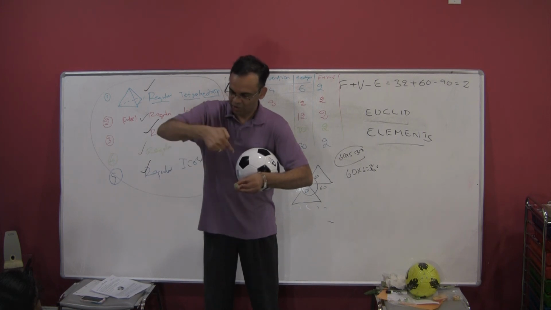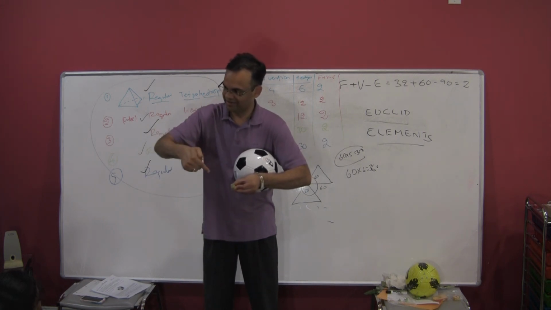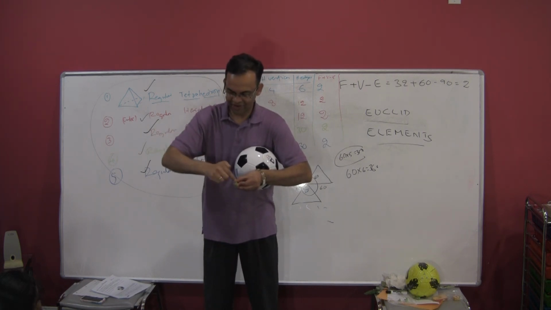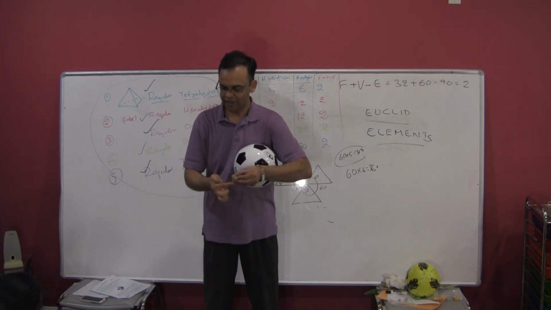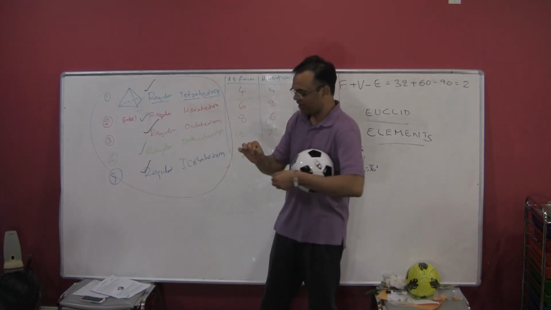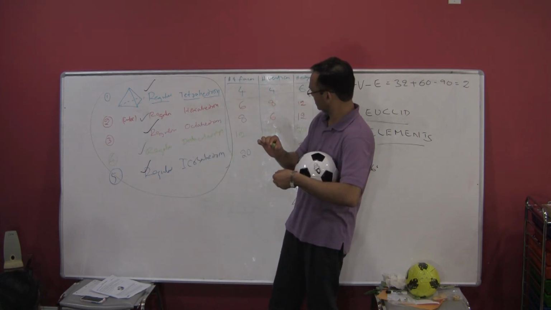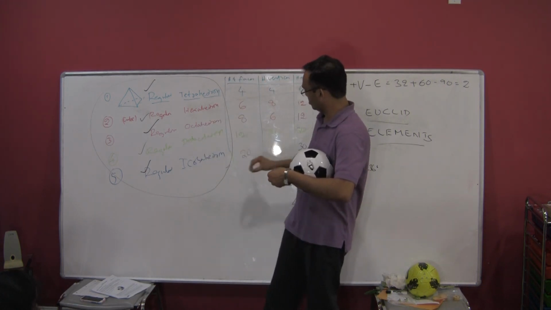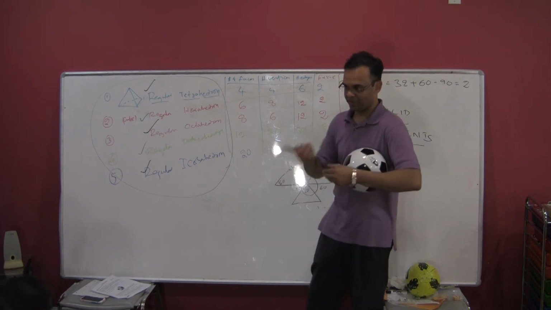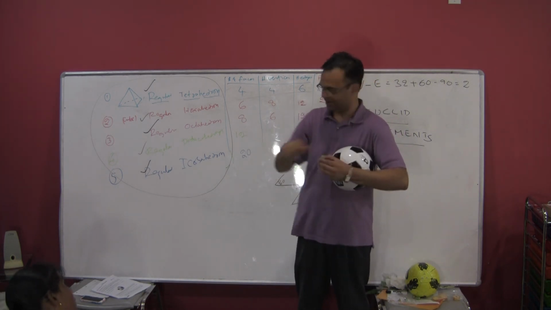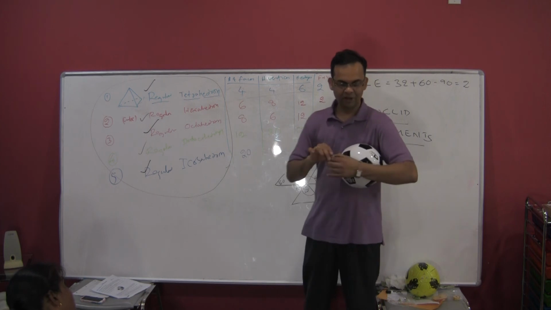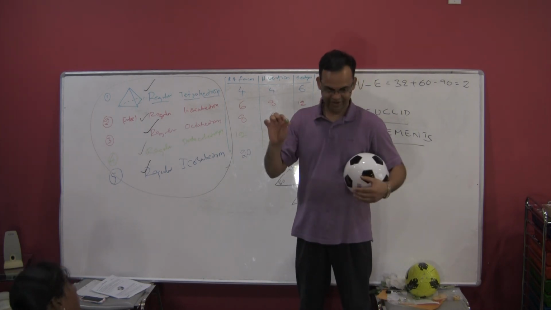When you cut it, you will now have a pentagon there. You see? Because there are 5 edges and 5 faces, it makes a small pentagon. How many pentagons will be there? There are 12 vertices. At each vertex we are making a cut. Because of the 12 vertices, there will be 12 pentagons.